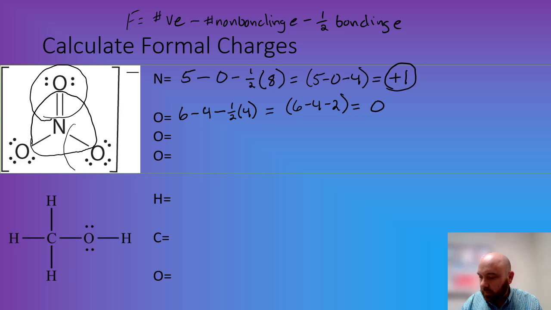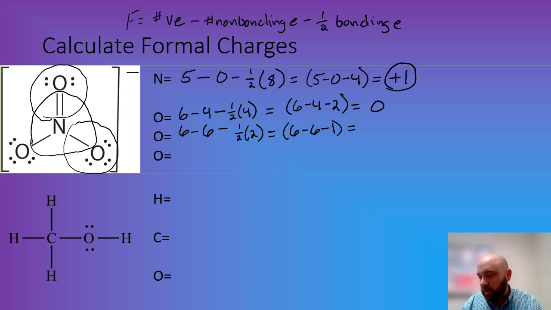Now we will do this oxygen here. Oxygen normally has 6 valence electrons. This oxygen has 6 non-bonding electrons, and this oxygen has 2 bonding electrons. Once we reduce the 1/2 times 2, the formal charge on this oxygen becomes 6 minus 1.